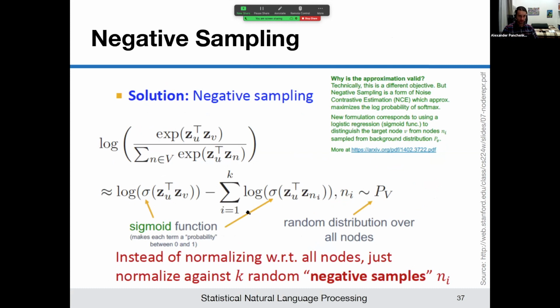And this is why I say that DeepWalk and Word2Vec are conceptually extremely similar, because they adopt the same idea of negative sampling, which is a kind of noise contrastive estimation approach to approximate this probability.